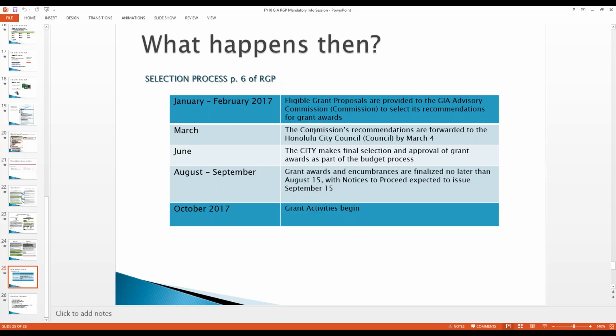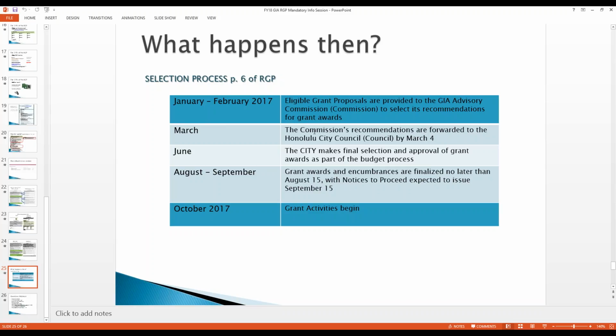So in July, our DCS staff will get to work contacting the grantees about the awards, and we'll start the negotiating phase of the contract. We'll do our best to ensure the grant awards are finalized by August 15th, and the goal to issue notice to proceed is by September 15th.